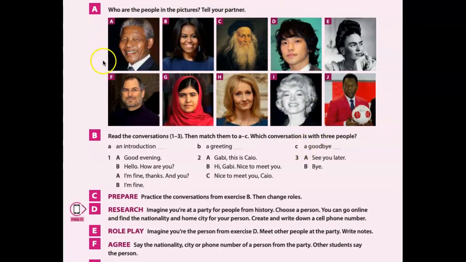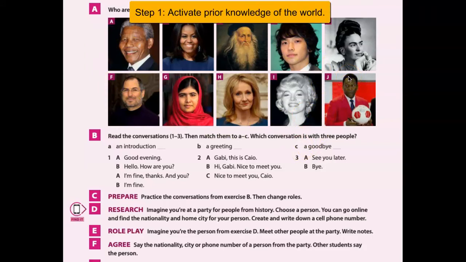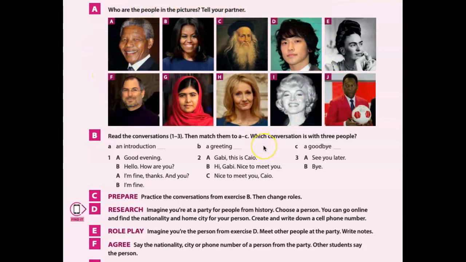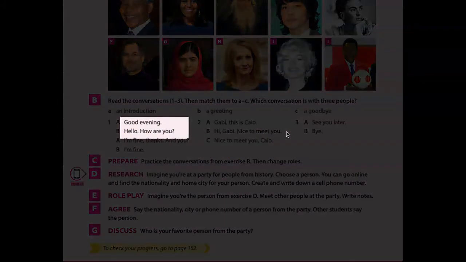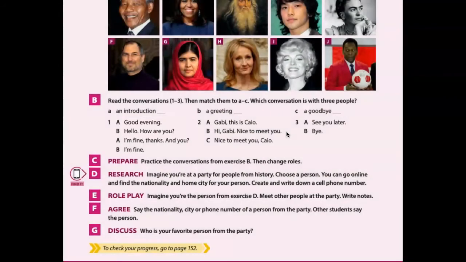First, you exploit the student's knowledge of the world. How? By using people from real life. Okay, we know all of these people or most of them. Then they have functional language. The functions here are greeting, meeting new people, and saying goodbye.